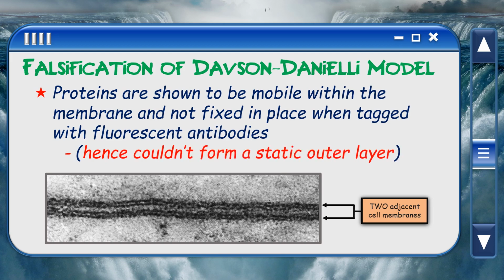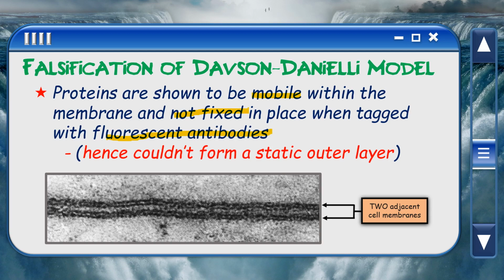Still about falsification, proteins are said to be more mobile within the membrane, and they are not fixed in place when tagged with fluorescent antibodies. So it was proved that the proteins were not fixed at one particular point in the cell membrane.